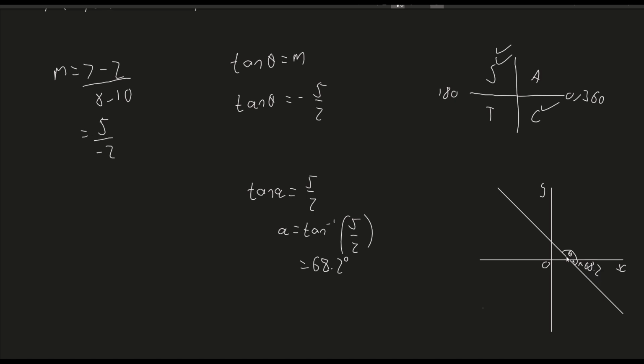And you can see you have a straight line with 180 degrees. So you can just take, as you would do with the CAST diagram, theta is then 180 minus 68.2. And that's going to be 111.8. So that's 111.8 degrees. And that's this angle here.